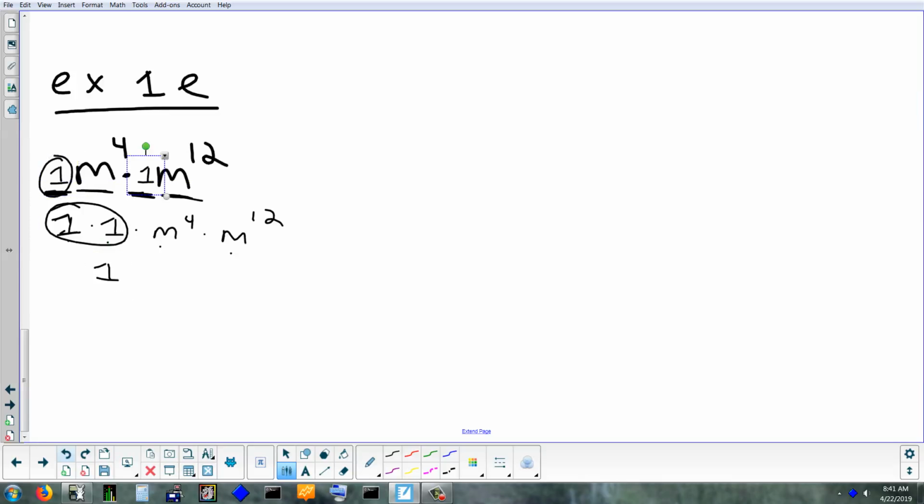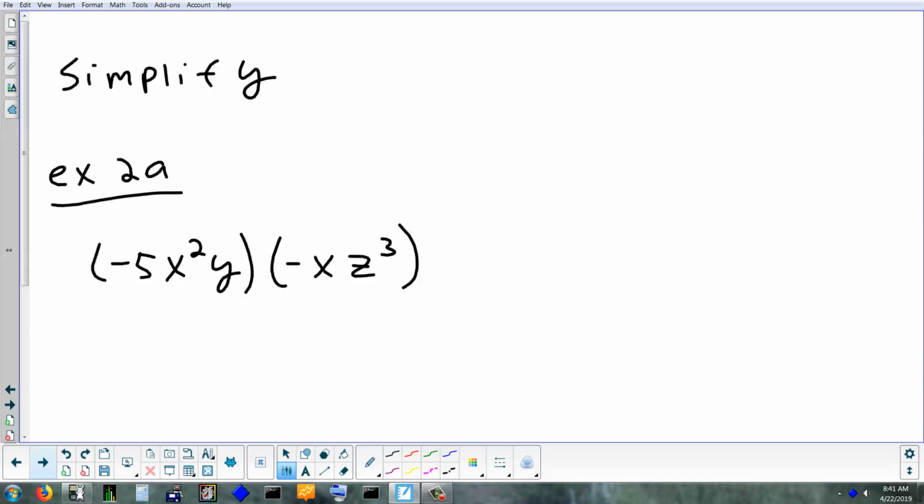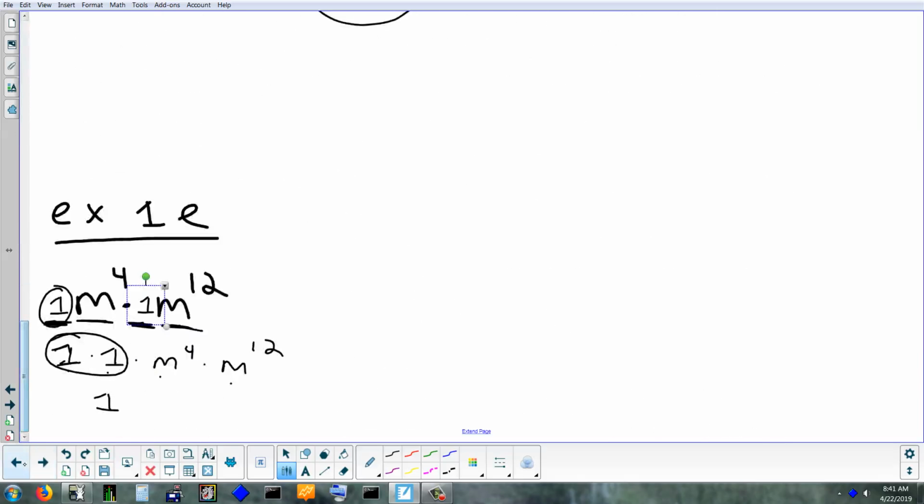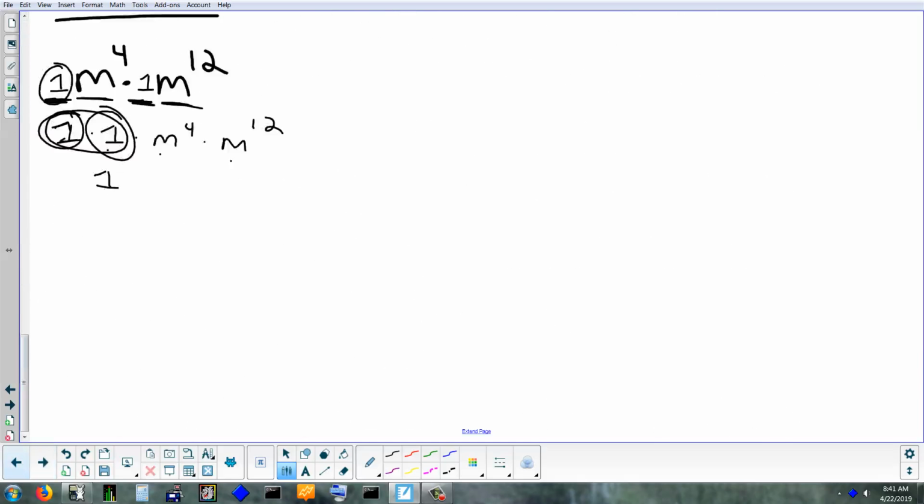So when we get to a problem like this one, we're going to do what I just said. You got a negative 5, you got a negative 1. We're going to put those two numbers in front, here and here. Put like terms together. All right, so we did that. 1 times 1, big deal. We didn't get anything there. What about m to the 4th times m to the 12th?